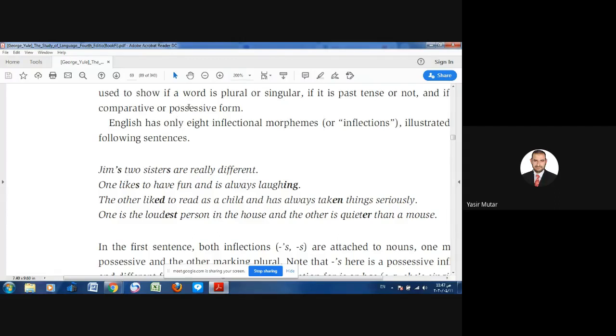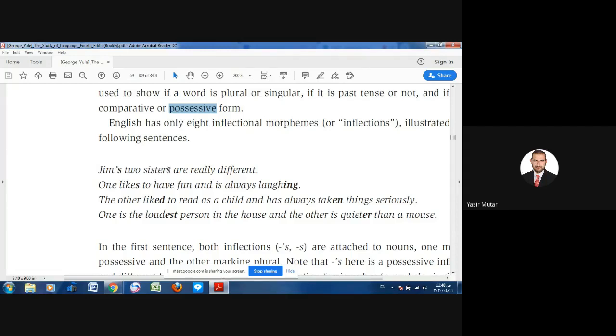These things are owned by the one whose 's is attached to it. For example, Jim's two sisters, so the two sisters of Jim. Instead of saying this whole phrase, I can simply say Jim's two sisters.